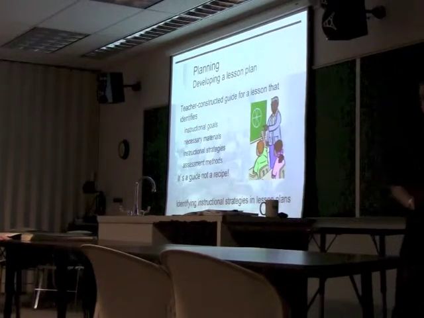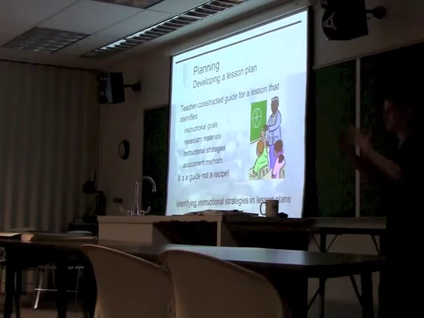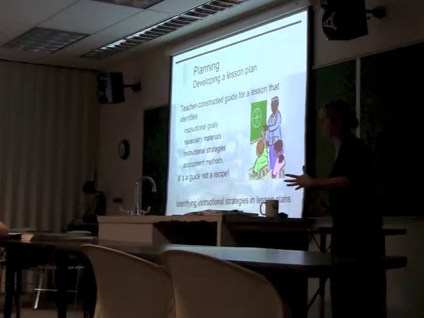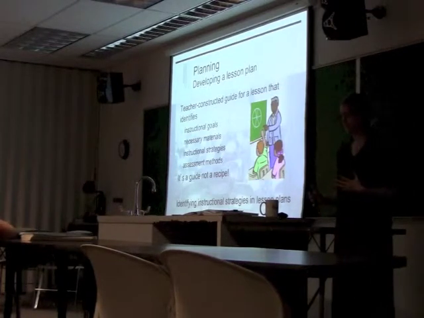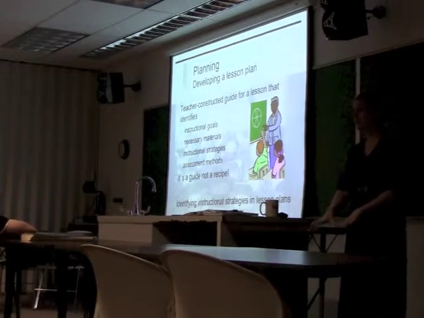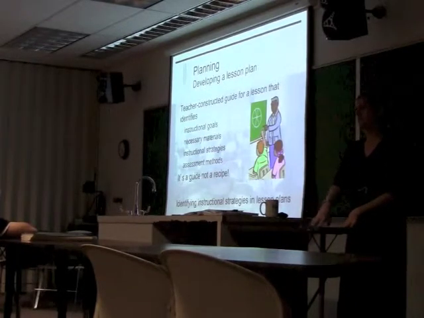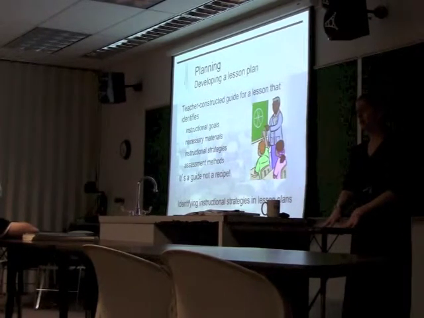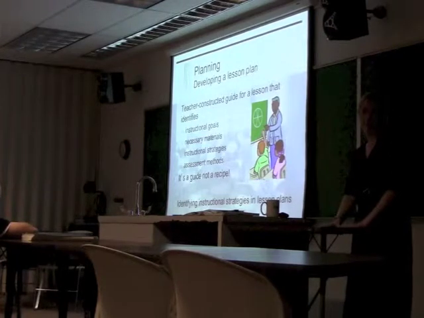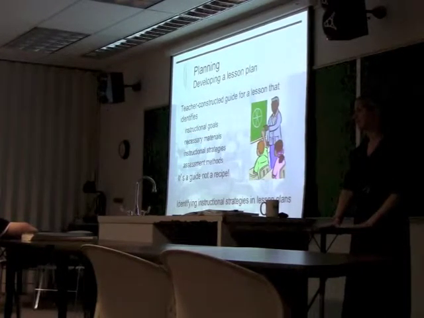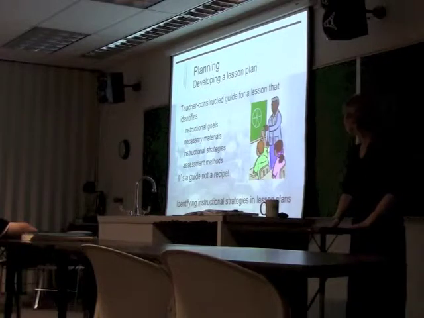Because you have to listen to your students, you have to see what's going on, what's working, what isn't working, and change things up based on that. But at least you have this guide in front of you, and you're able to be flexible, or what's a better word for flexible? Accommodating to your students' needs. Okay?